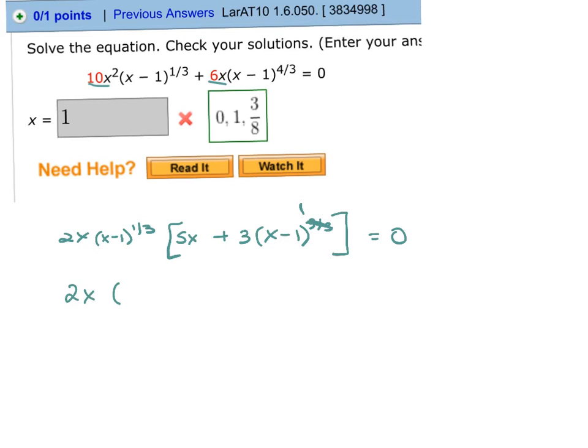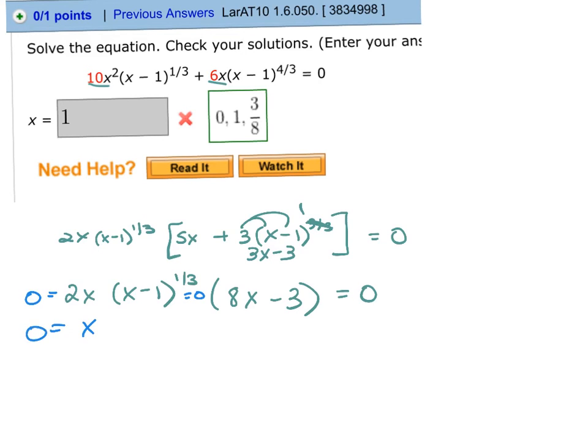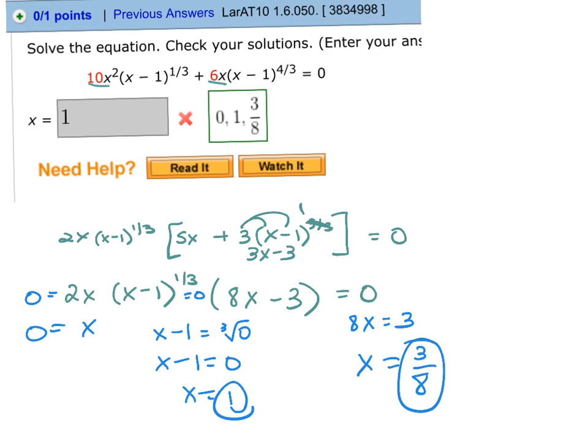I get 2x, x minus 1 to the 1/3, and distribute here, 3x minus 3, and I get 8x minus 3. Then I set each of them equal to 0, and I get x equals 0. x minus 1 would equal the cube root of 0, which is 0. x equals 1. 8x equals 3, and x equals 3/8. 1, 2, 3 answers.